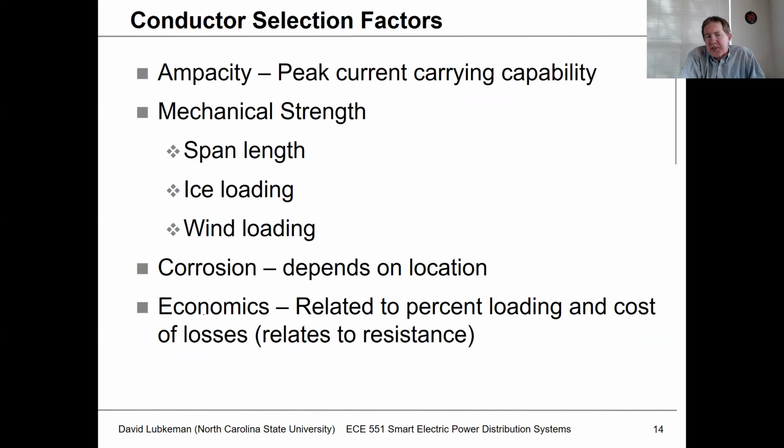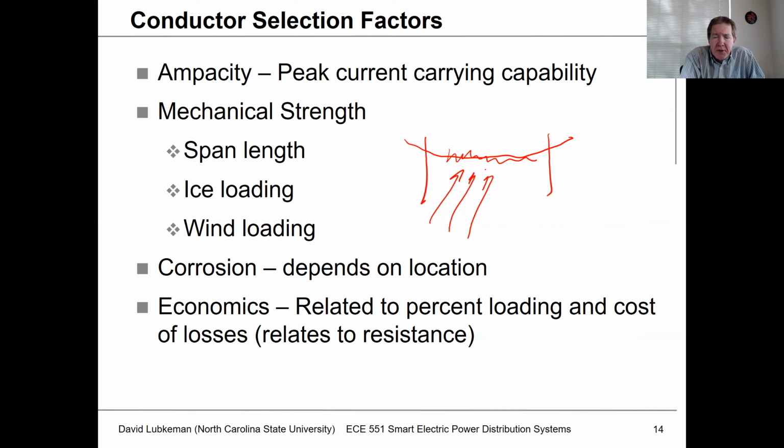As far as strength characteristics, we have to consider the span length, the distance between the poles, because there's a certain weight that has to be carried by the conductor. There's the ice loading; if you're going to get ice on here, you want to make sure it doesn't snap. And then there's wind loading, where you want to make sure that hurricane or storm winds don't knock or break the cable.